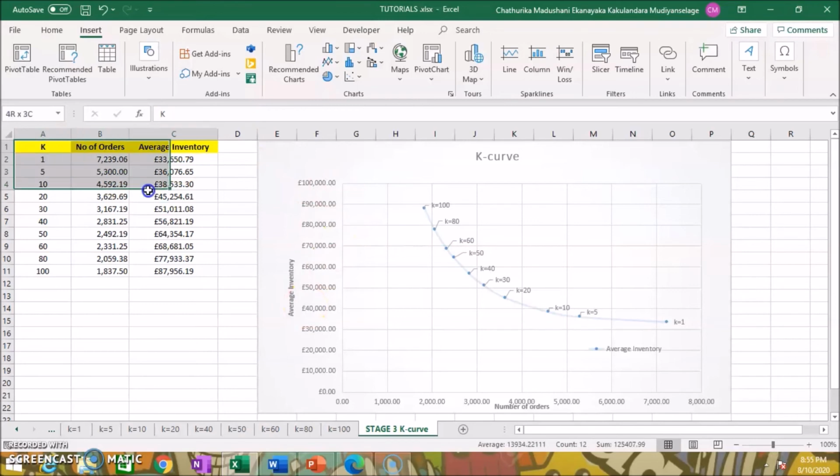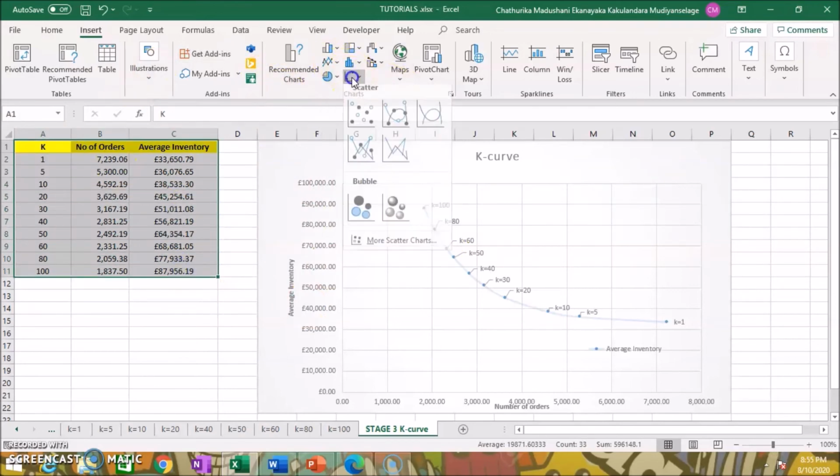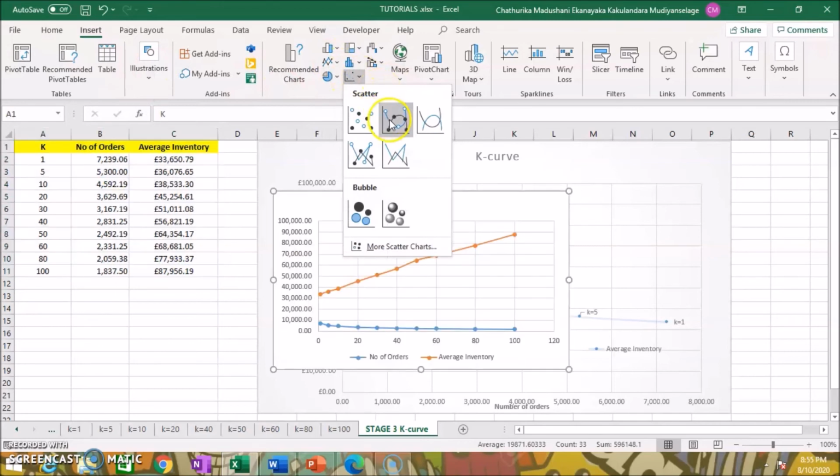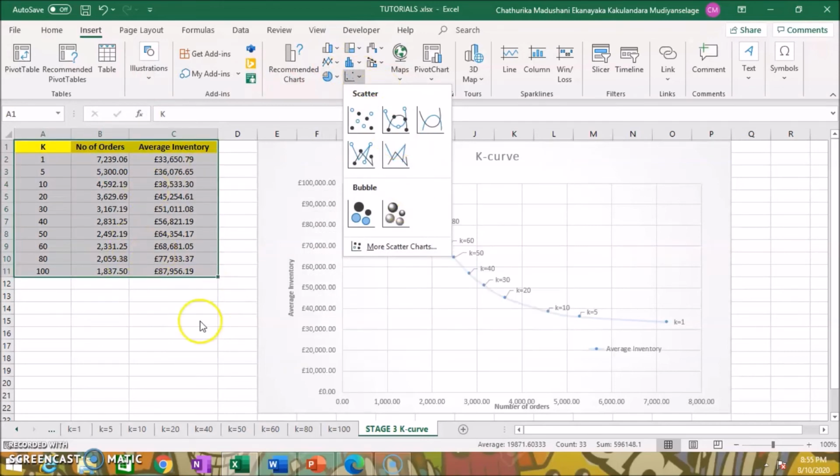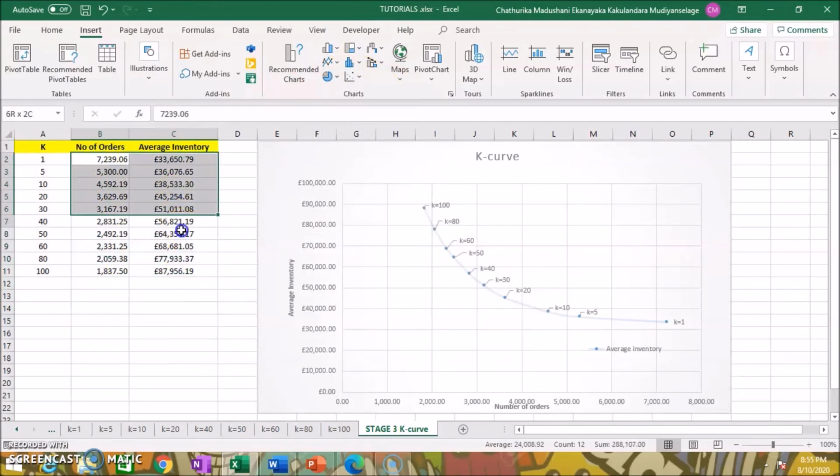And if we put all the data here onto a scatter chart, we can generate a K-curve like this with number of orders and average inventories, and this is the value of K. So how can we interpret the K-curve?